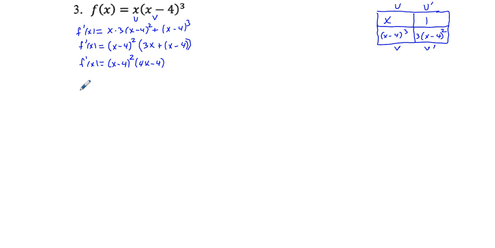So now using the zero factor property, our critical numbers are going to be found where either x minus 4 is equal to 0, or where 4x minus 4 is equal to 0. Solving for x, we have x equals 4. And for this other equation, if we add 4 and divide by 4, we have x is equal to 1.